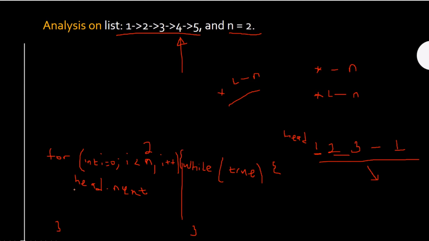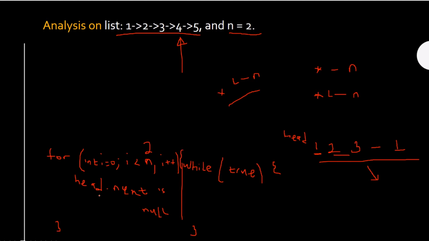The first time you get the head.next, you check whether it's null. The reason why you're checking whether it's null is you want to know whether you have reached 2 elements to the end of that list. It's very interesting. You're trying to check whether you have reached 2 elements to the end of that list.